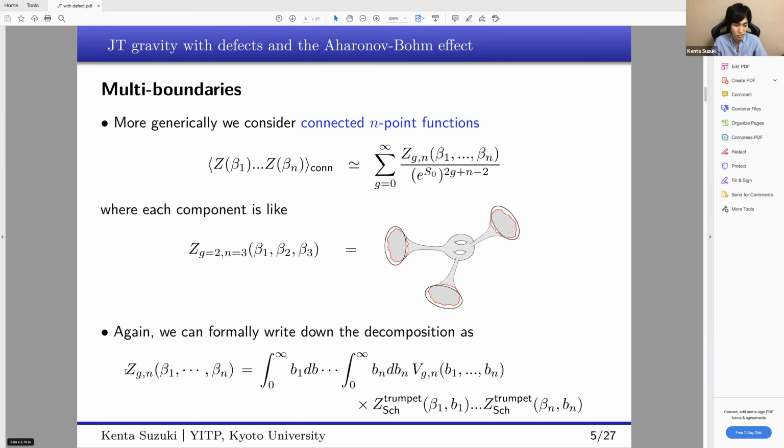So this z of Gn, we can again write down in terms of trumpet Schwarzian partition functions with this volume factor, V of Gn, and then we integrate over all cuts we artificially made to get this expression.